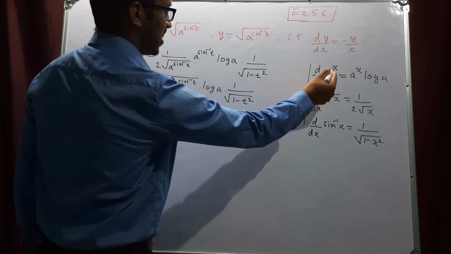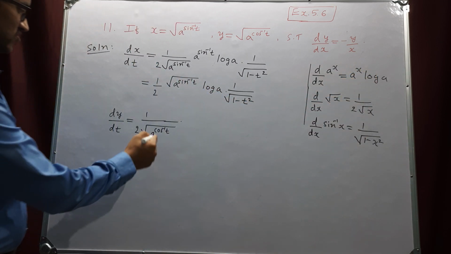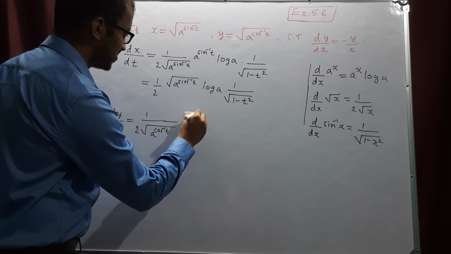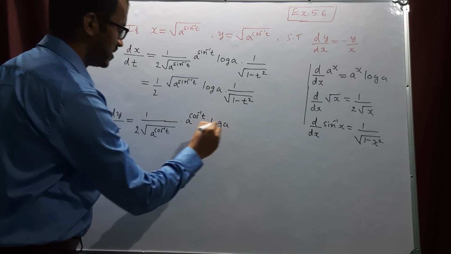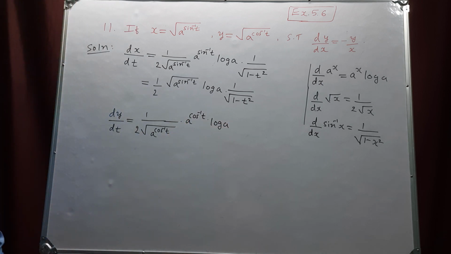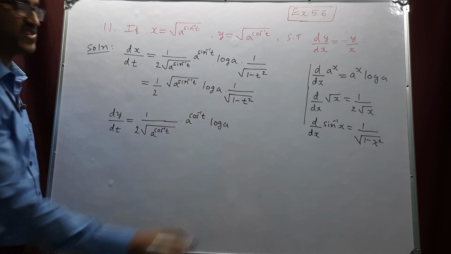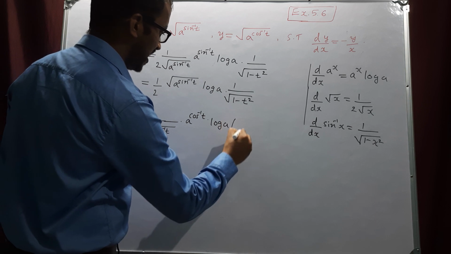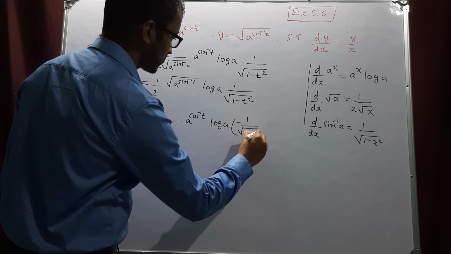So derivative of a power x means a power x into log a. So what we'll get here, a power cos inverse t into log a into again inner function is here again cos inverse t. Derivative of cos inverse t is minus 1 by root of 1 minus t square.